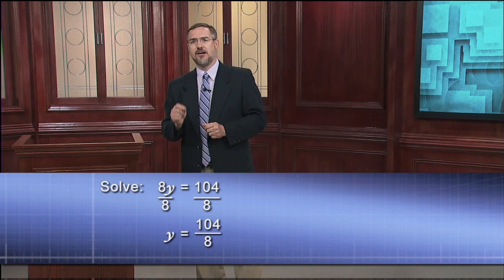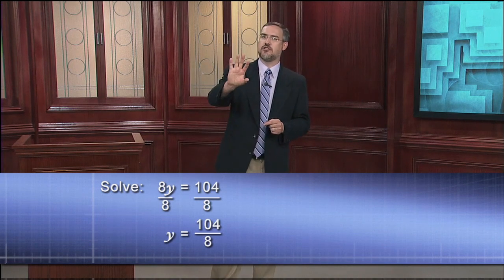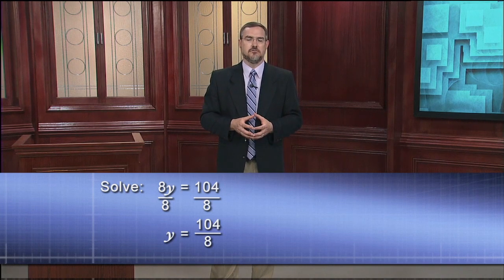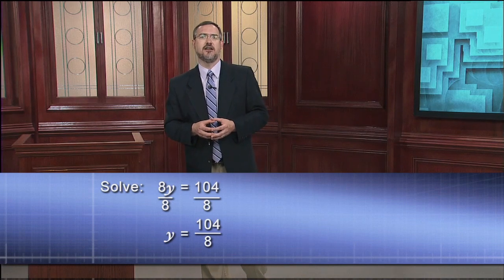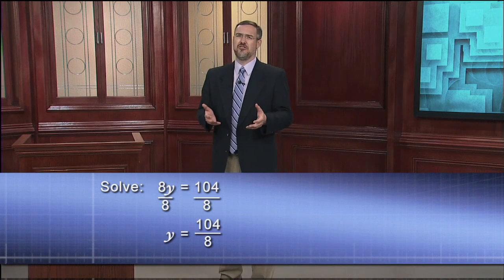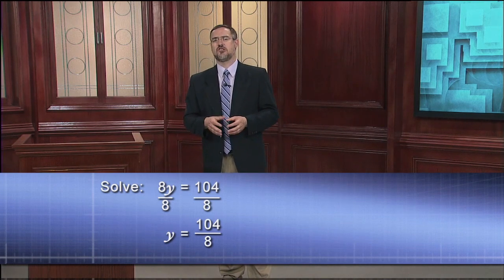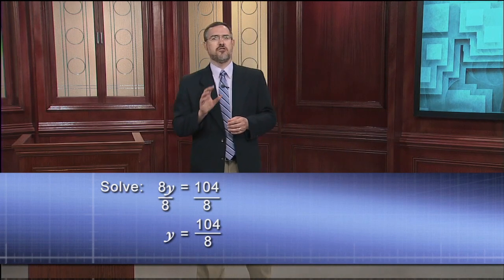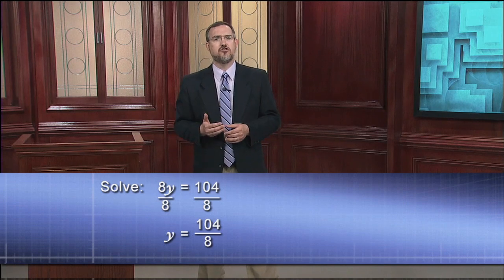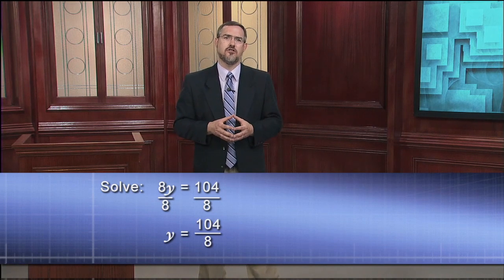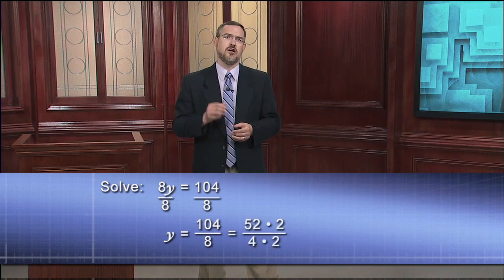Great. Now, I've isolated my y, but I need to go look at the right-hand side now. What does the right-hand side look like? Well, it's the fraction 104 divided by 8. Now, it'd really be good to simplify that as much as we could, so let's do that together very quickly. 104 and 8 are both even, so they both have a 2 in them. If I factor a 2 out of the numerator, I'll be left with 52 times 2.